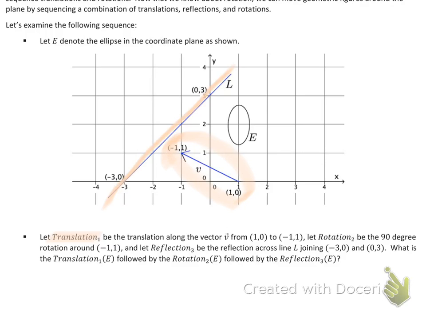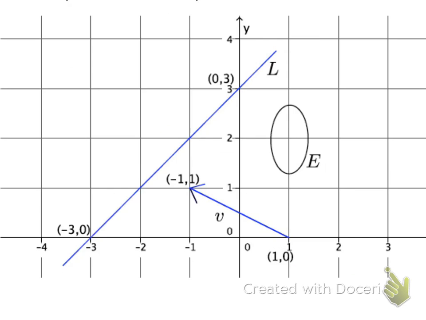So we're asked, what is translation 1 followed by rotation 2 and reflection 3? Let me look at this a little bigger. So the question would be, does the order make a difference?